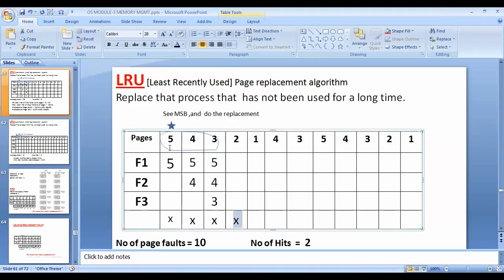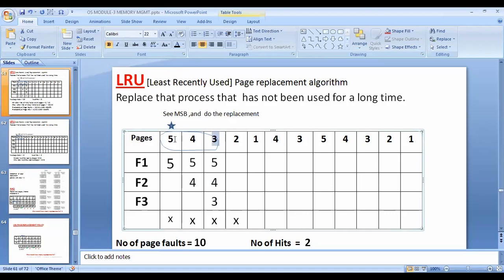For that, we can follow a main shortcut here. You can see that page number 5 is the earliest used here, page number 4 was used next after page number 5, and page number 3 is the most recently used.